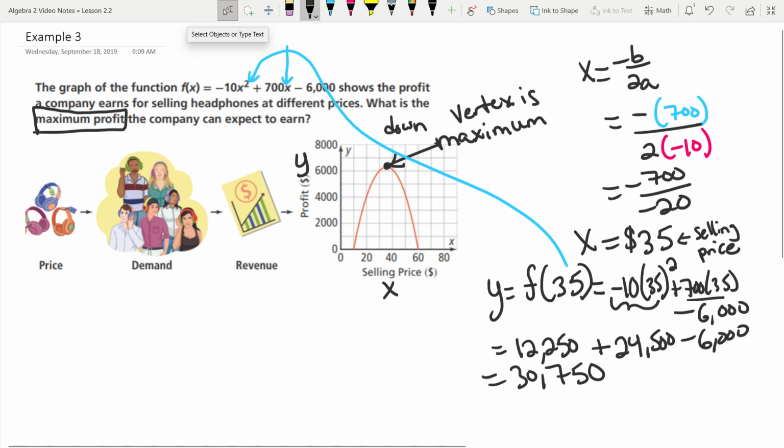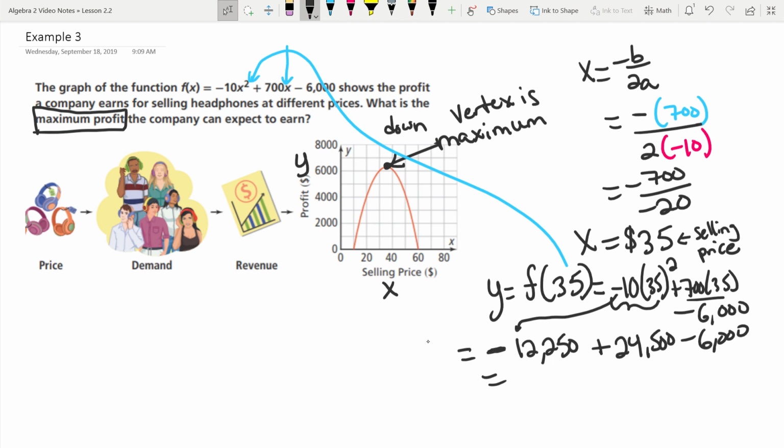All right, I wanted to make a correction real quick. I forgot that this is a negative, so I forgot to bring down the negative. So this is going to be negative 12,250, which will change our answer to $6,250. So that's our y.